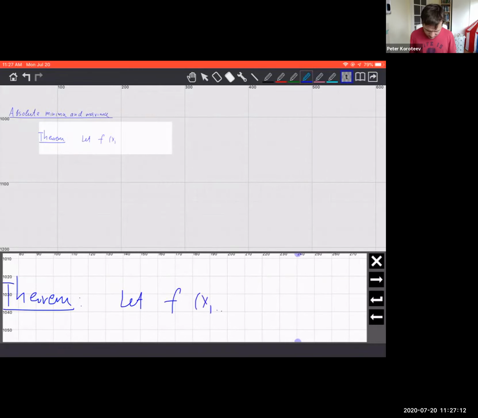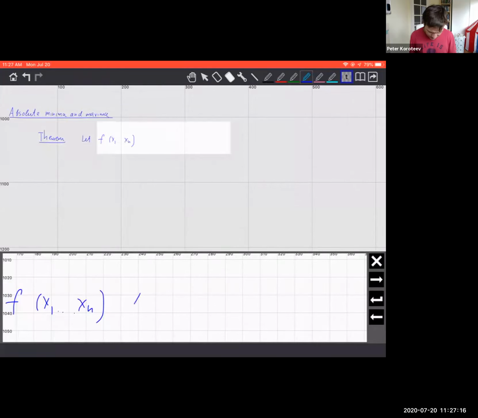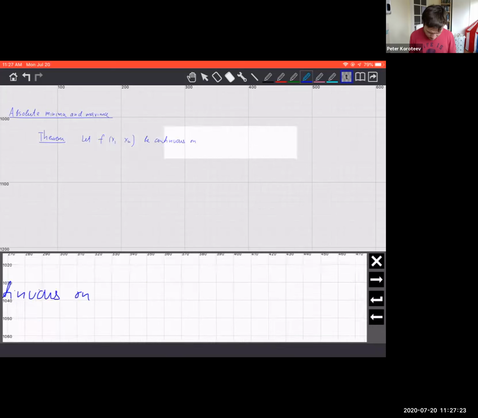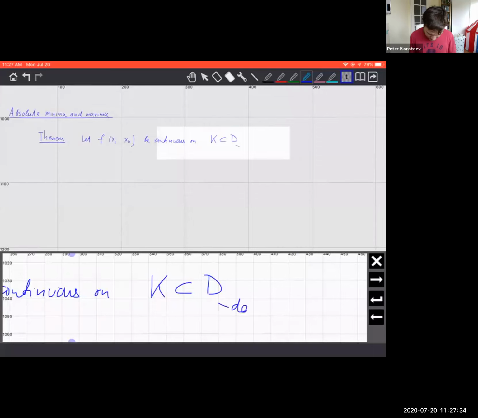And we can formulate it for functions of many variables. So let f of x1 through xn be continuous on K, which is a compact. K is a subset of D, where D is a domain, and K is a compact subset.